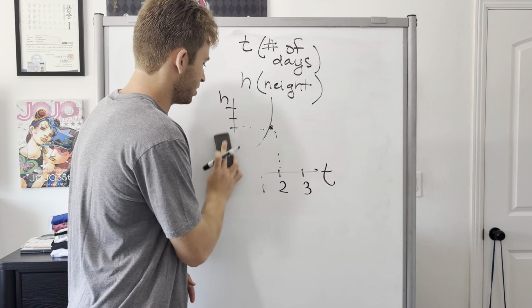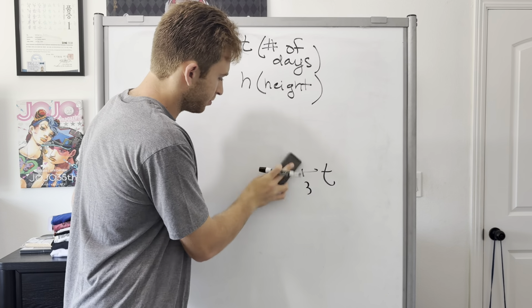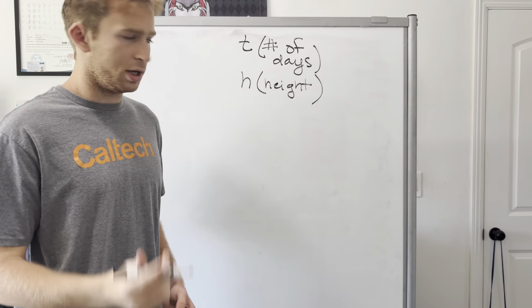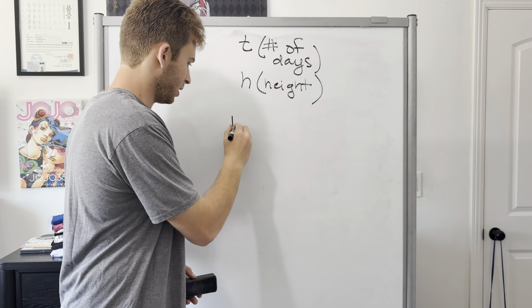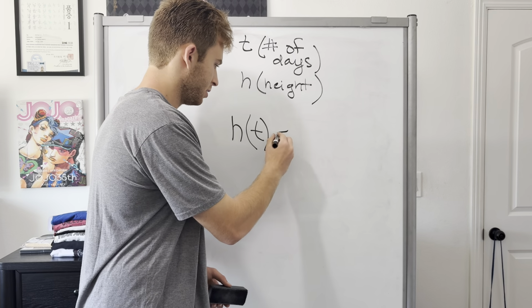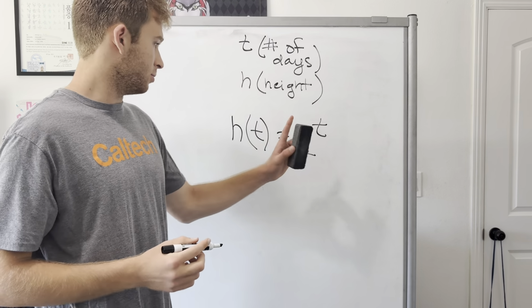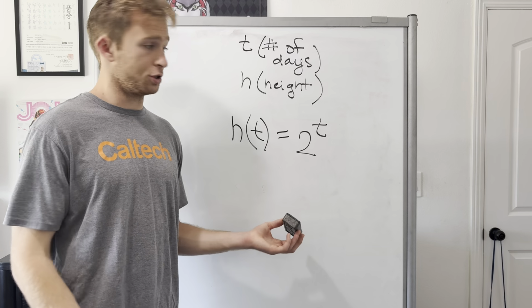How can I actually write this? So each day gets multiplied by 2. I'm going to write it like this. h of t, that's just the height as a function of time, is equal to 2 to the t. So this is how an exponential function looks.